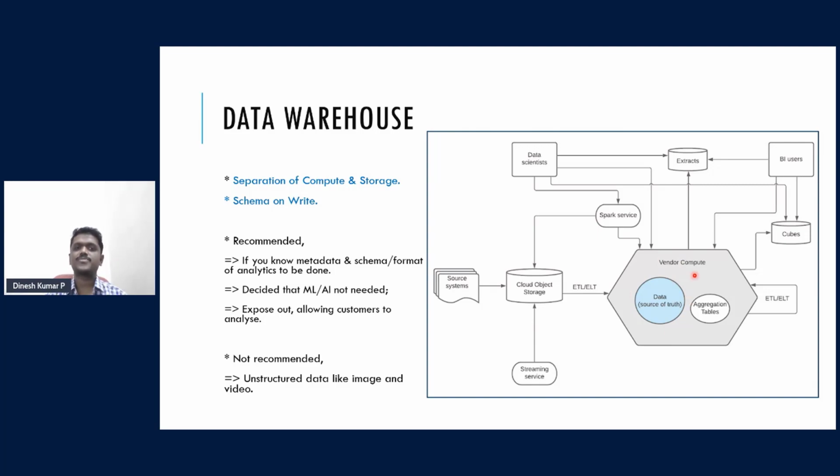Only when you decide, okay, I don't want this data warehouse, let me come out, they'll export the data into a different format like ORC or Parquet and provide the data to us. That too based on the conditions and the agreement we put in while we initially went with the data warehouse, right?